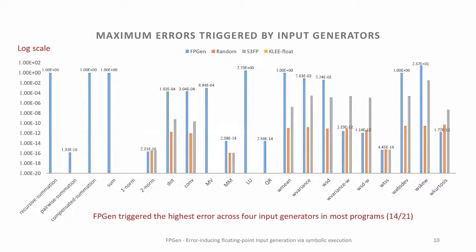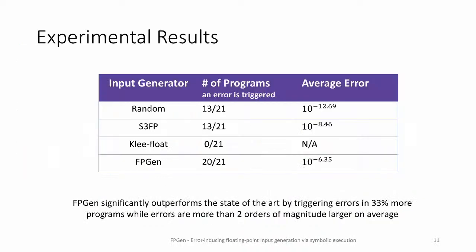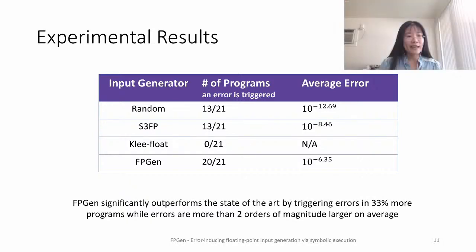As you can see, in most of the programs, FPGen triggered the highest error across the 4 input generators. A summary of the results: out of 21 programs, random and S3FP can trigger an error in 13 programs, CleFloat cannot trigger an error in any of the programs, and FPGen triggers an error in 20 programs.